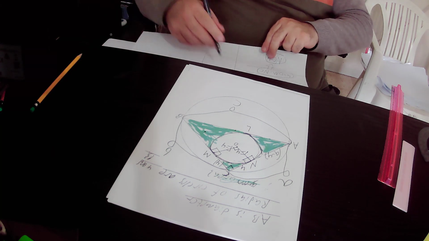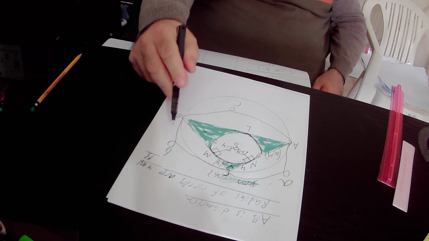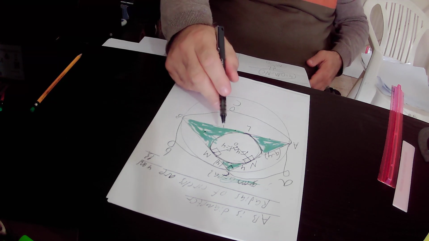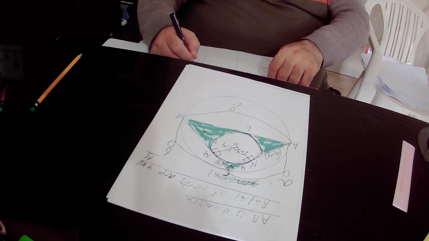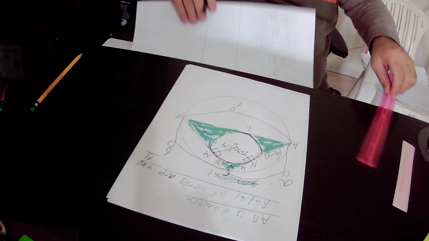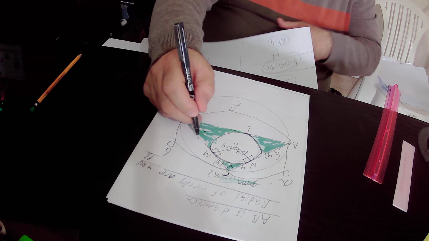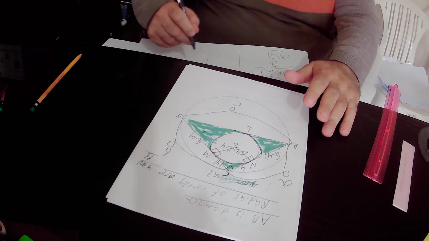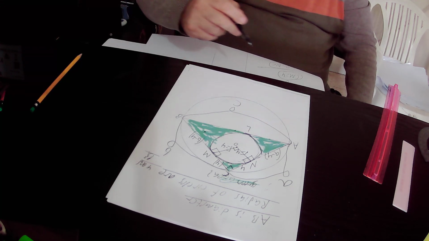So MB equals CB, which is B units according to our definition, minus CM. We already found out that CM equals 4 units. So in conclusion, the length of line segment MB equals B minus 4 units. So we found out that MB equals B minus 4 units and AN equals A minus 4 units.